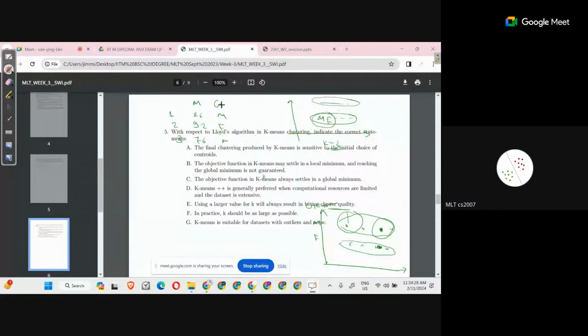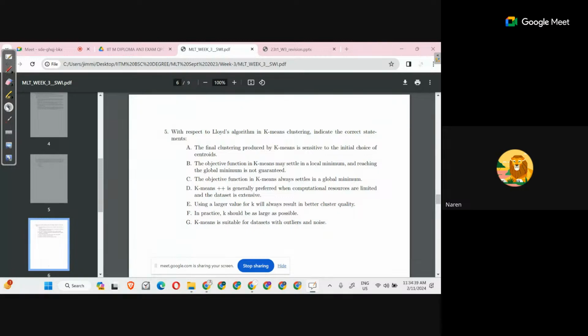Okay, sir. Anyhow, we are only able to visualize when k equals 2 or 3. When k is more than 5 or 8 or really large numbers, we'll not be able to visualize properly. So that's why we use these things.